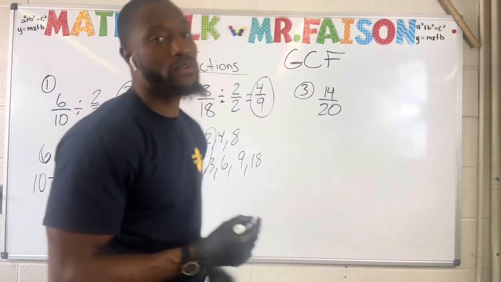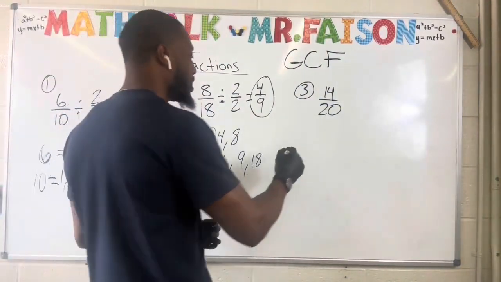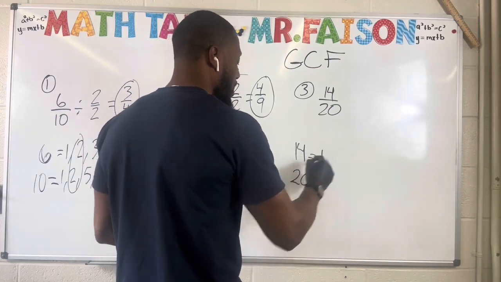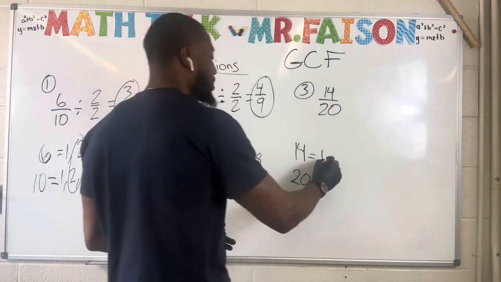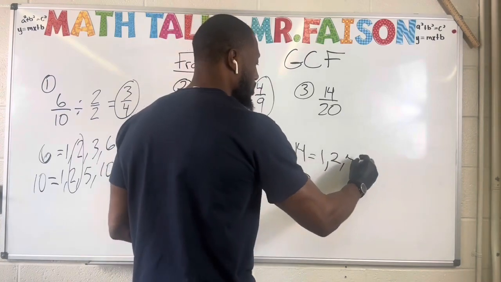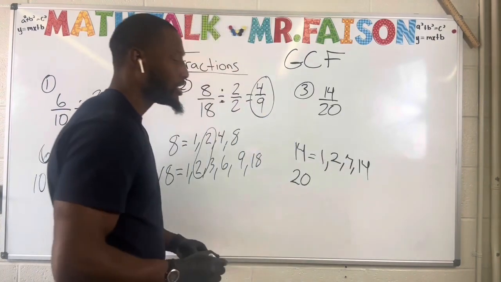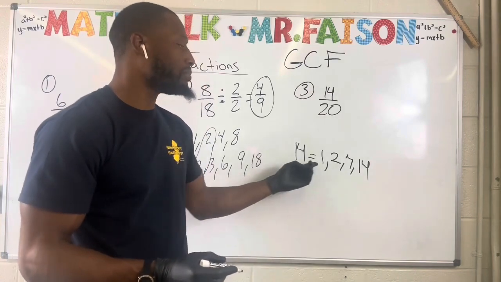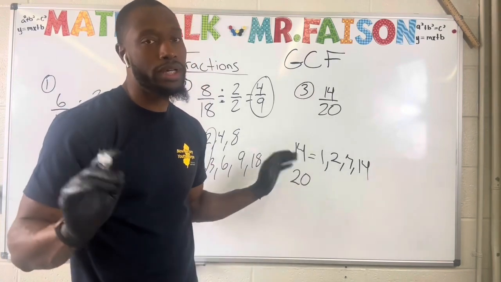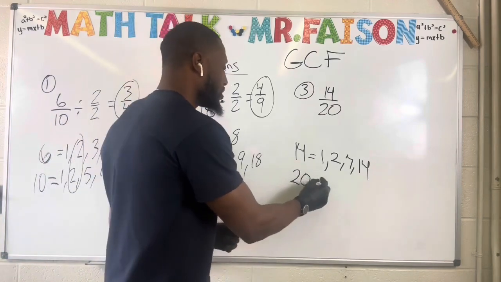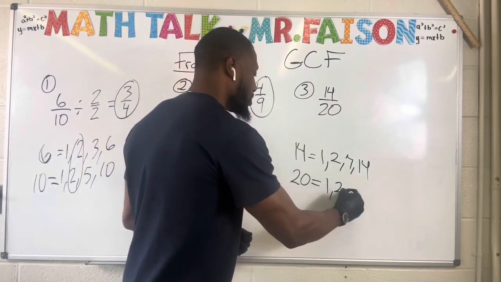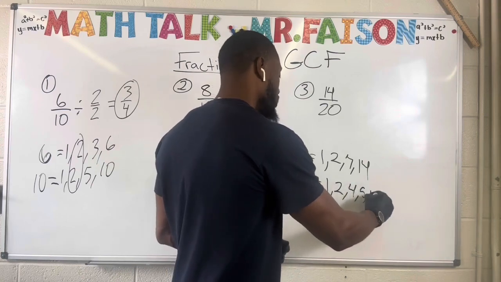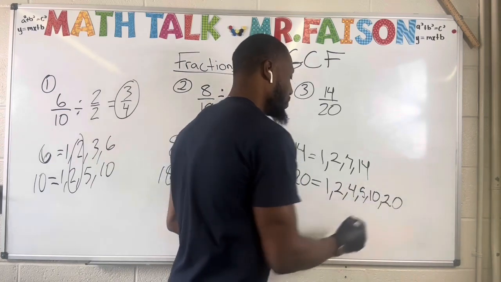Now I come here and I got 14/20. I'm gonna use the same steps. My factors of 14 are 1, 2, 7, and 14. Honestly, I can really look right here and tell you what my GCF is gonna be, but I'm gonna go ahead and write out the factors of 20 as well: 1, 2, 4, 5, 10, 20.